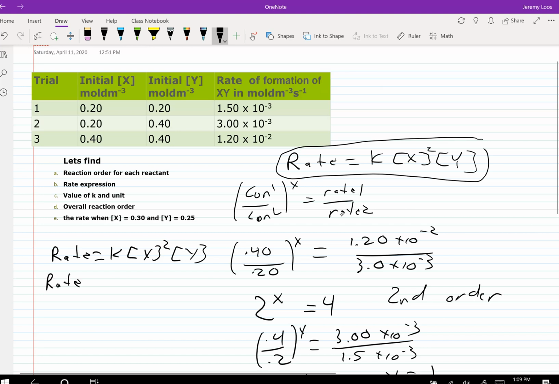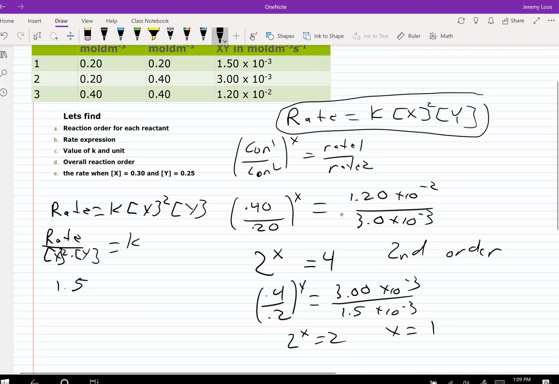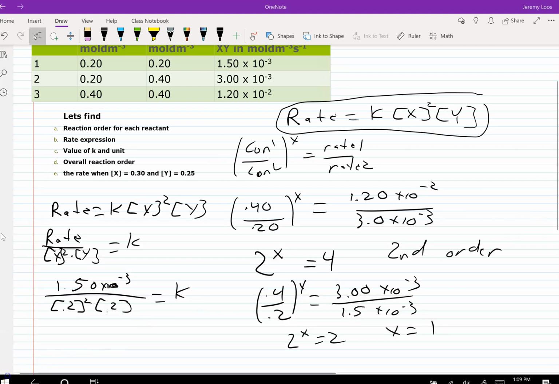So rate divided by the concentration of x squared times concentration of y is going to equal K. So again, plugging in stuff just from the first experiment, 1.50 times 10 to the minus 3, my x is 0.2 squared, and my y is 0.2, and all that is going to equal K. So if I do that calculation, I do believe K is about 0.1875, maybe 2 sig figs here, so 0.19. And we're going to talk about the unit here in just a moment.